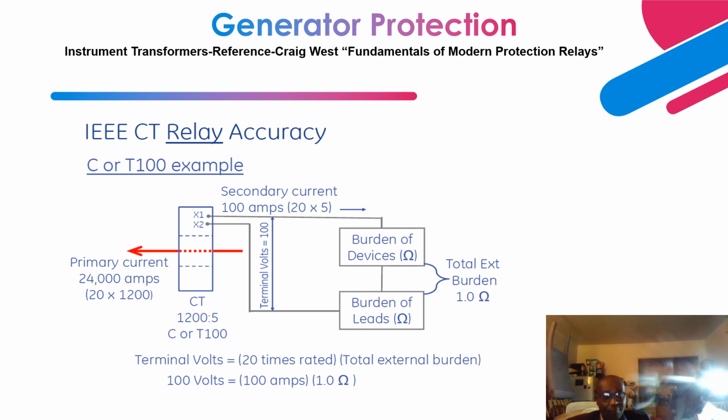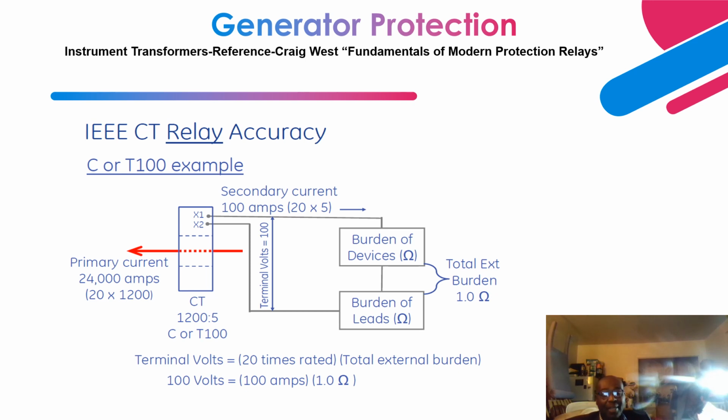Rated is 5 amps, that's the rated current for that CT. So 20 times 5 is 100. To achieve 100 volts maximum terminal volts, we shouldn't go more than 100 volts, so we need only a 1 ohm burden. So that's what it is.